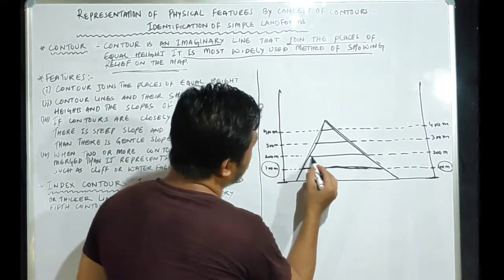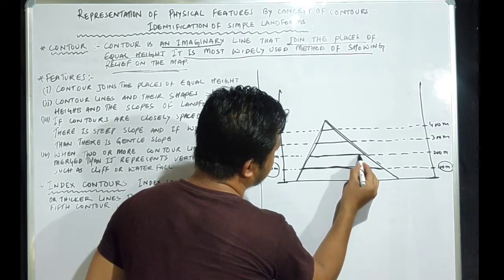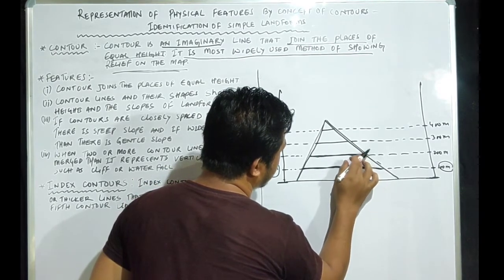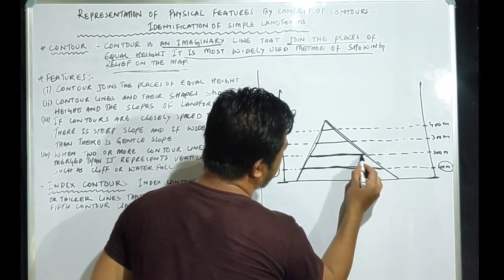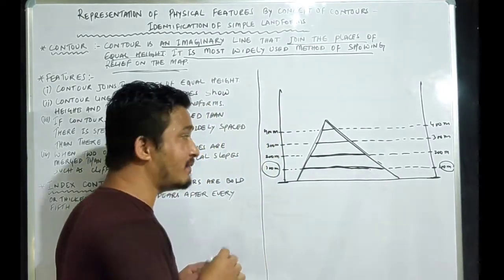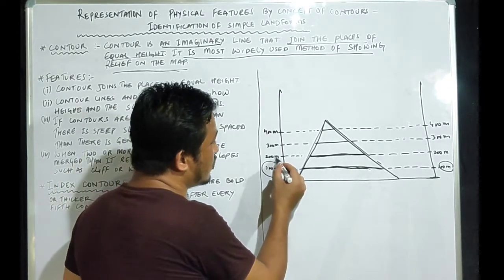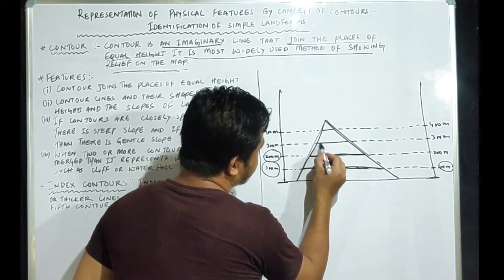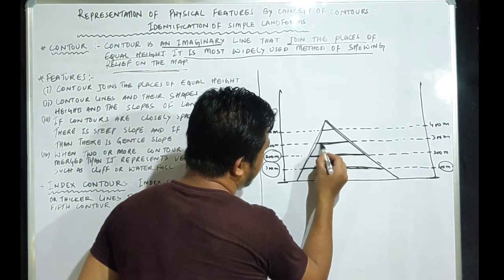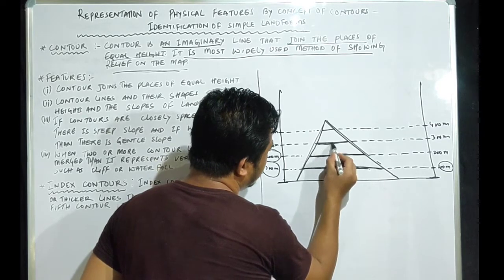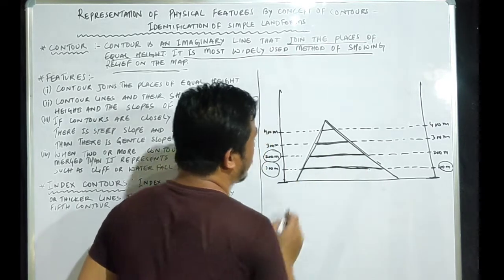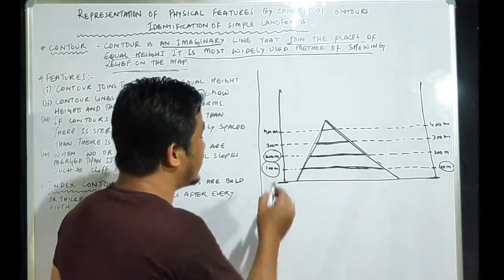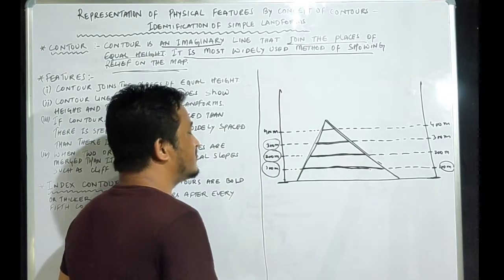Similarly, all the places on this line have equal height from the sea level, and that is 200 meter above the sea level. And similarly, all the places falling on this line are of equal height, and their height is 300 meters.